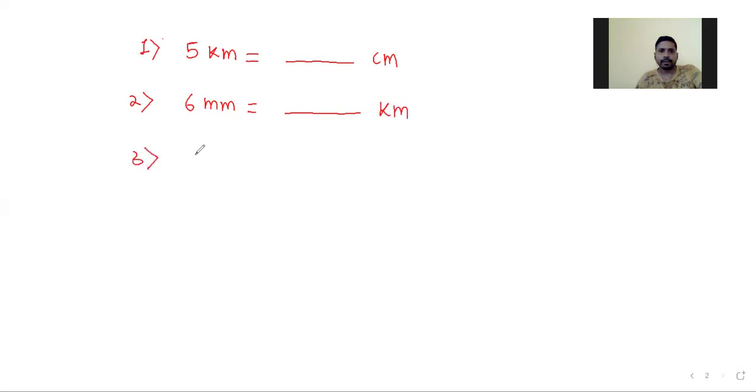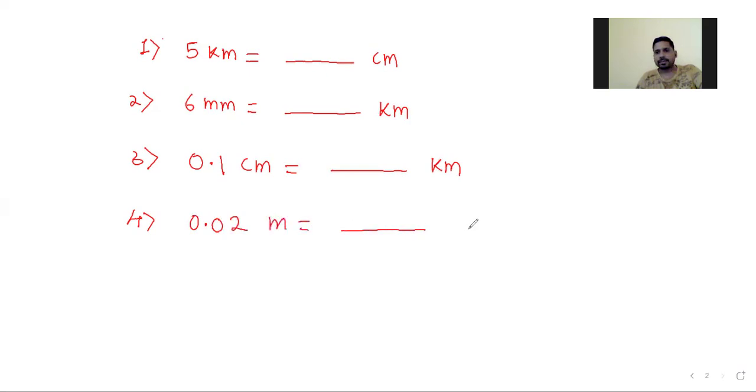Third one, 0.1 centimeter will be dash in kilometer. Fourth example, 0.02 meter will be dash in centimeter.